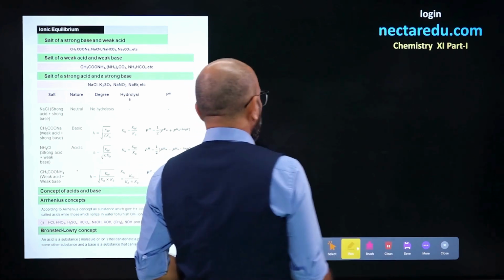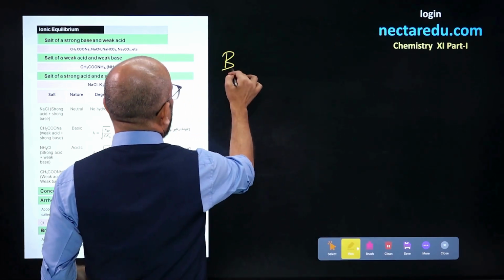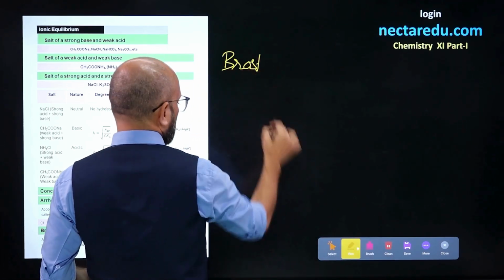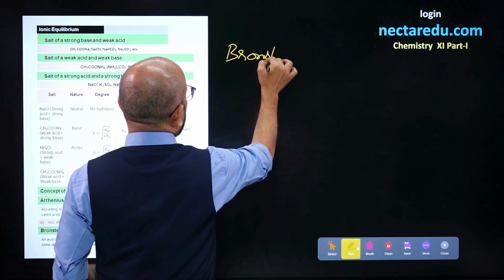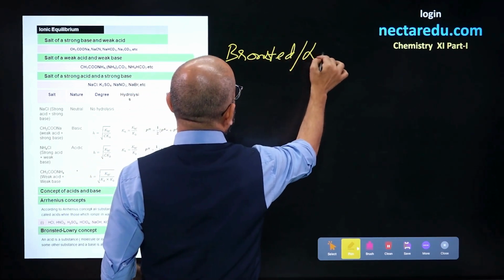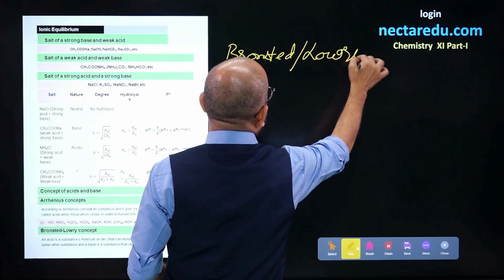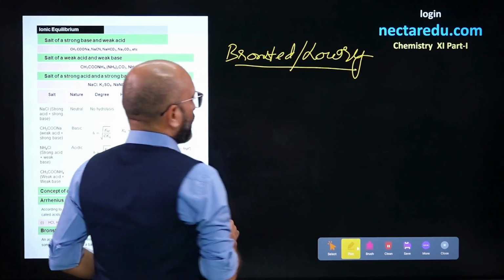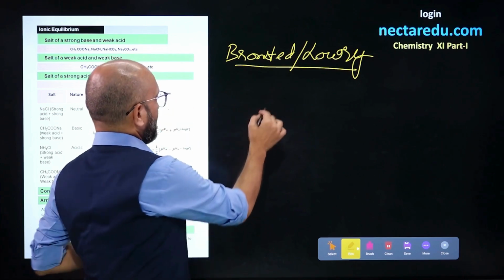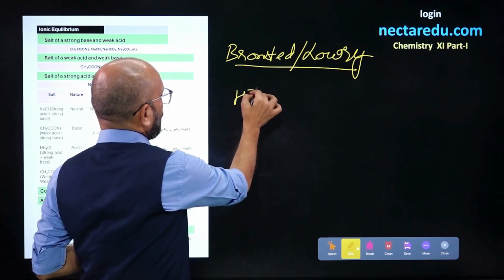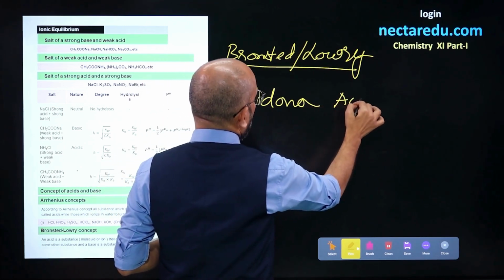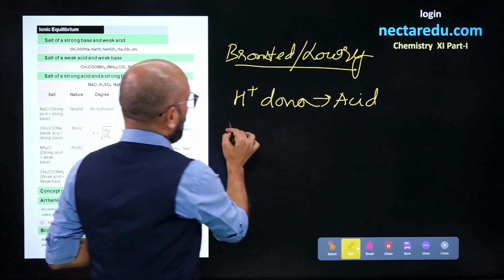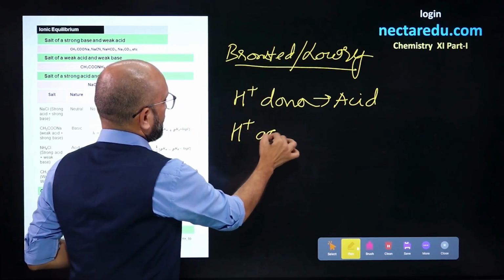All right. So next is the Bronsted and Lowry acid and base concept. What does it say? It says H plus donor is acid, and H plus acceptor is base.